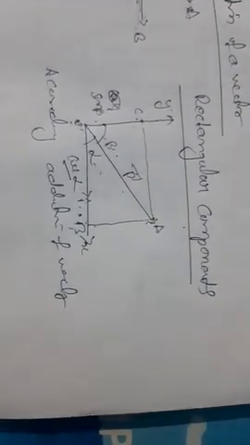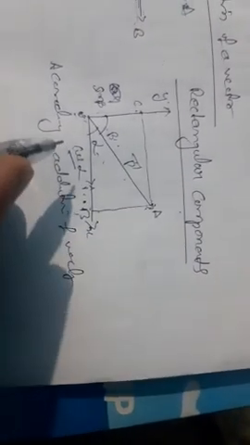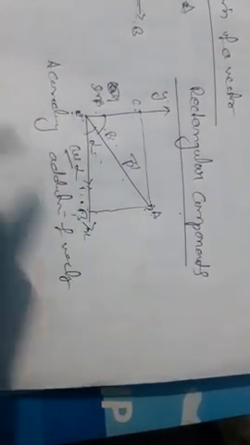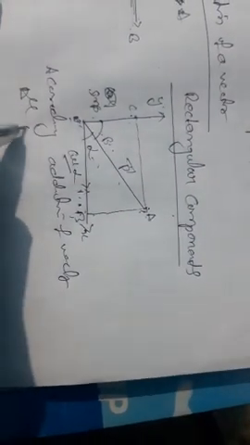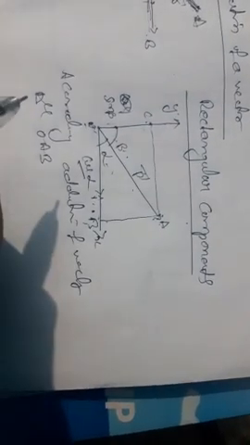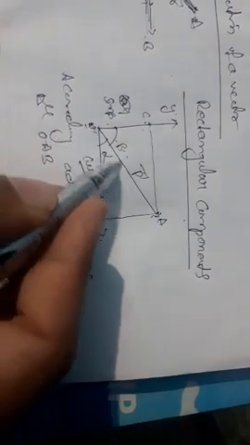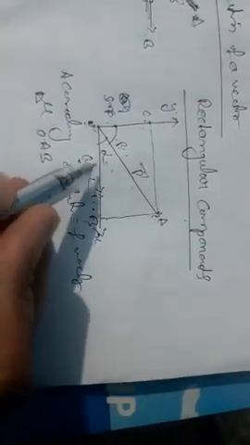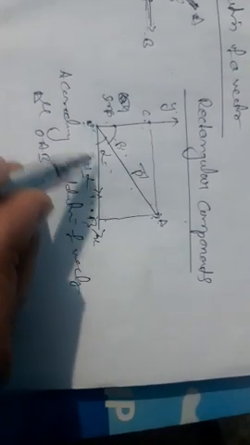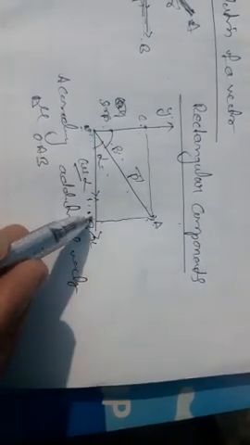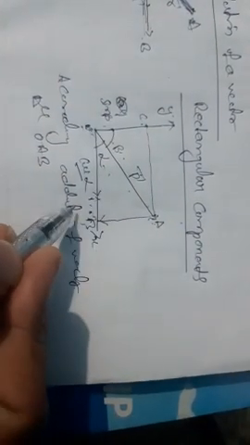By using the triangle law, from the triangle OAB, this is called the diagonal line, the resultant line. These are called adjacent sides. AB is one vector, OB is one vector, OA is one vector.